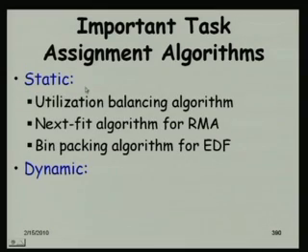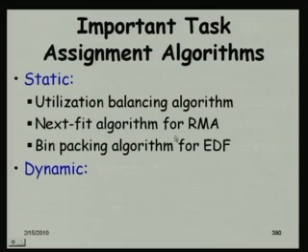In static, we are going to discuss three algorithms: the utilization balancing algorithm, which can be used for EDF and we can modify it to use for RMA, the next fit algorithm for RMA, and the bin packing algorithm for EDF. These are just sample static algorithms we will discuss. By no means are we saying that these are the best algorithms available.